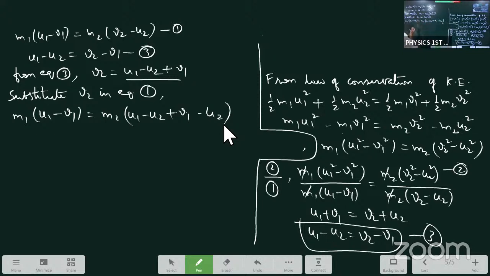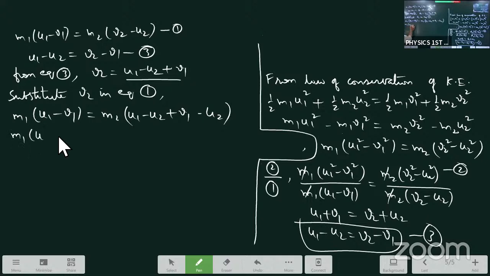Concentrate here, see what I did. From equation 3, I take the V2 value. That V2 value substituted in equation 1, I got this expression. When you solve this, you will get V1 value. Now I will simplify it.